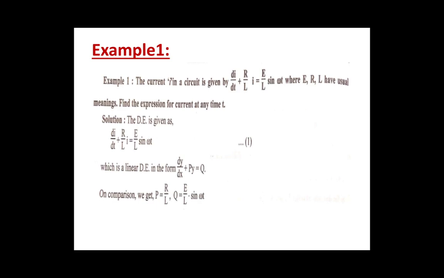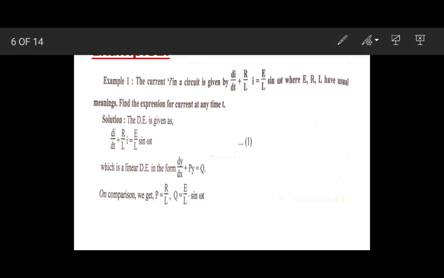As a mathematics teacher, I'm going to tell you how to solve this equation. But being an engineering student, from the electrical or electronics branch, you are going to derive this equation. Here I is the current and t is the time.